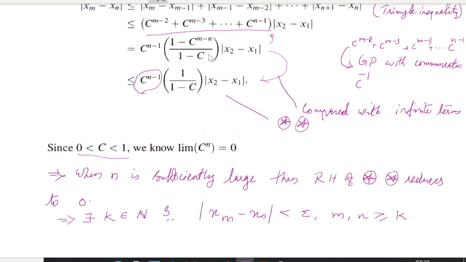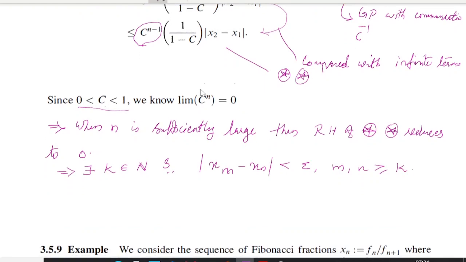So this implies that the sequence is a Cauchy sequence. This implies our sequence xn is a Cauchy sequence. And by the Cauchy criterion, since every Cauchy sequence converges, this implies xn converges.